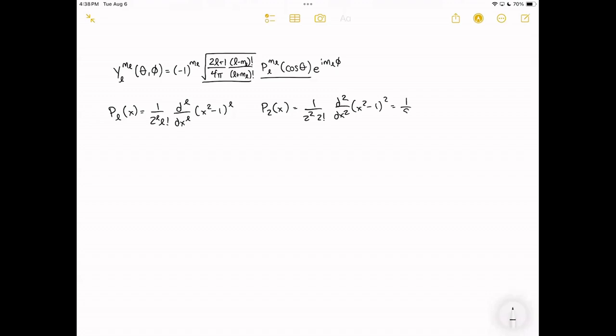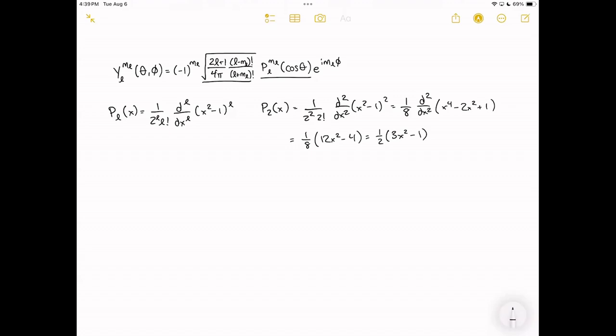So in other words, 1/8 times 2 derivatives of x to the 4th minus 2x squared plus 1. And again, this is something that's pretty easy to do. So you can take these derivatives here. You'll get 1/8 times 12x squared minus 4. And then we'll factor out the 4 here to get 1/2 times 3x squared minus 1.